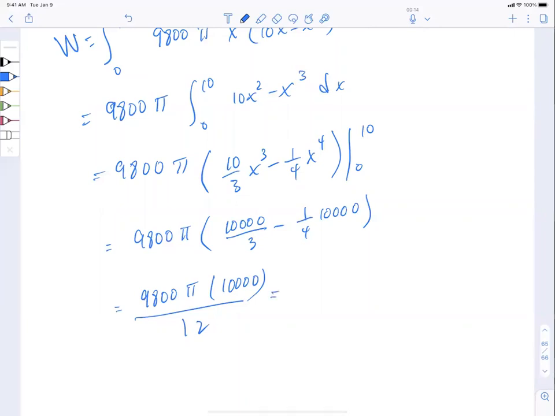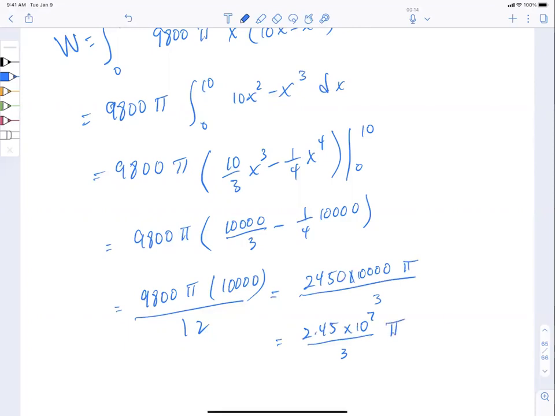And if you just do the calculation and simplify, you get 9 point, actually, so that's going to be 2450 times 10,000 pi over 3, or 2.45 times 10 to the 4 here and 3 here, 7/3 pi.